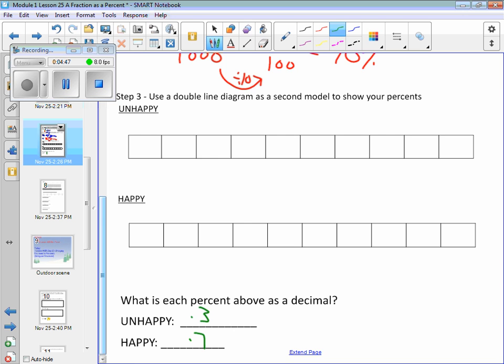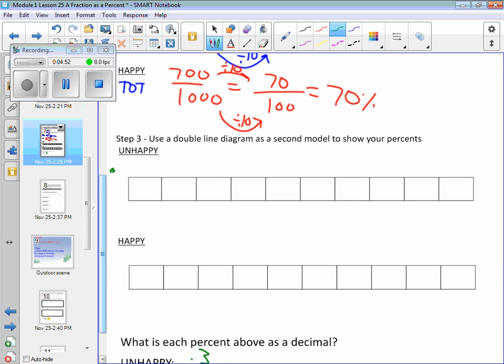Double line diagram. The top is going to be percentage. And the bottom, they don't tell you this, is total number of people. Our scale for percent will always start at 0 and always go to 100. That's the whole entire strip.